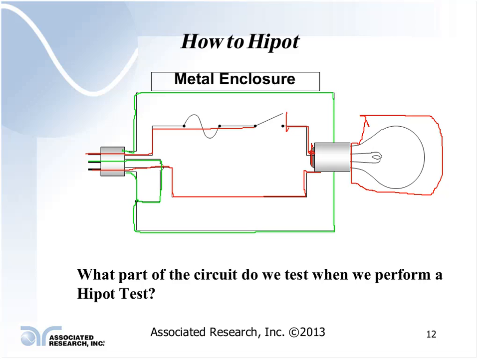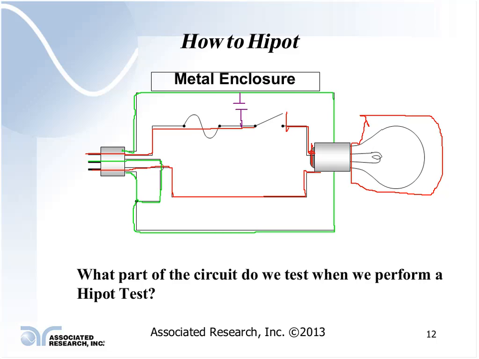And what am I testing whenever I'm doing my Hipot test? I'm testing the insulation between my hot circuit and my enclosure. There is a certain amount of capacitance in this product that is going to create some leakage current. What is a capacitor? A capacitor is two conductors separated by an insulating material.